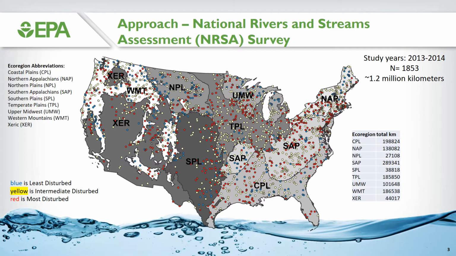These ecoregions have very different ecological features. For example, 69% of the temperate plains is used for crop production and animal agriculture, whereas 54% of the Western Mountains is forest and 37% of it is grasslands and shrubs. The sample sites are colored to indicate least disturbed, blue, intermediate disturbed, yellow, and most disturbed sites, red, in the 9 ecoregions.